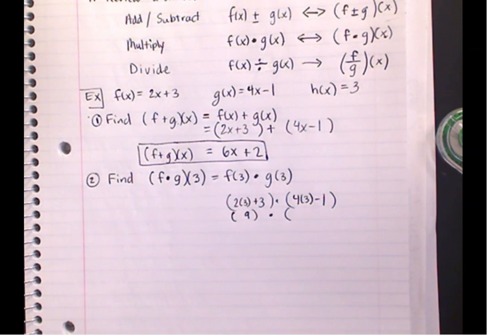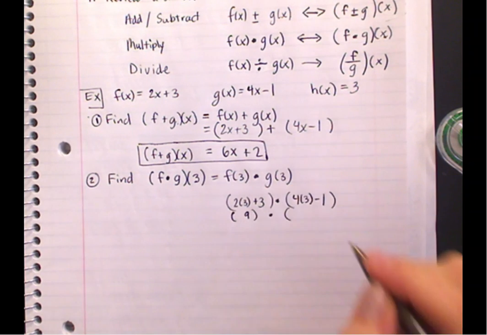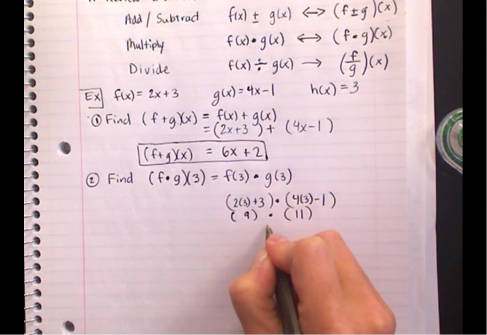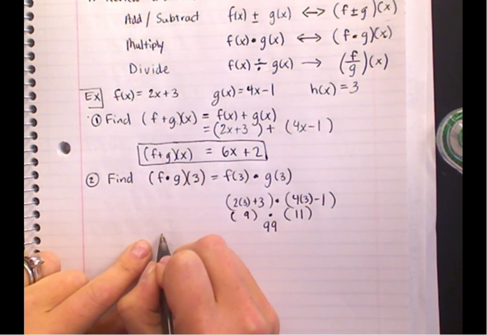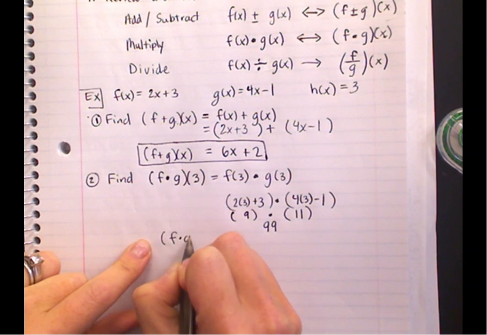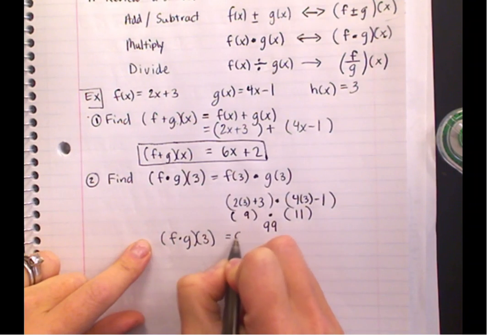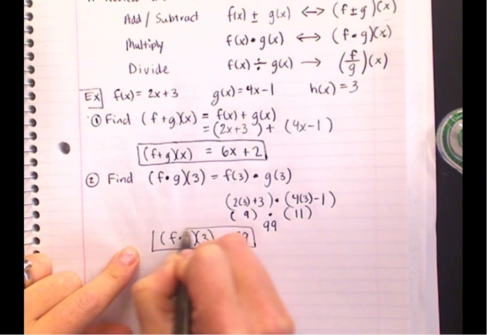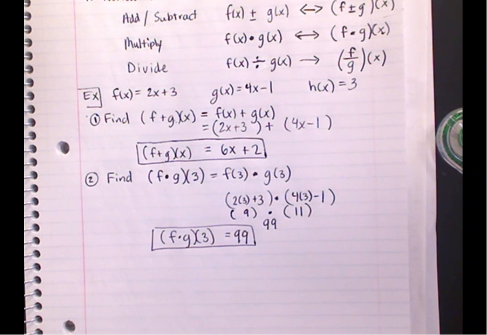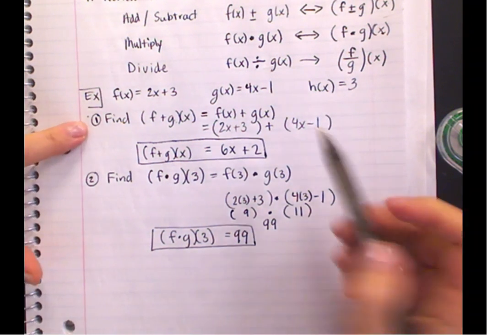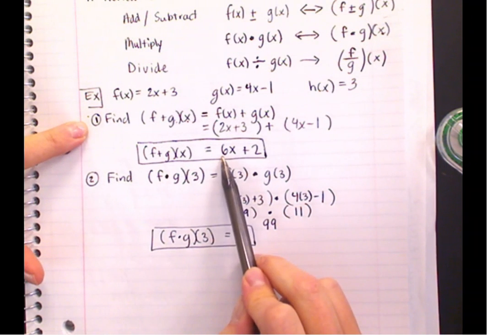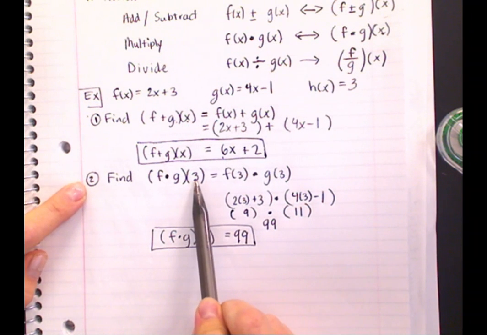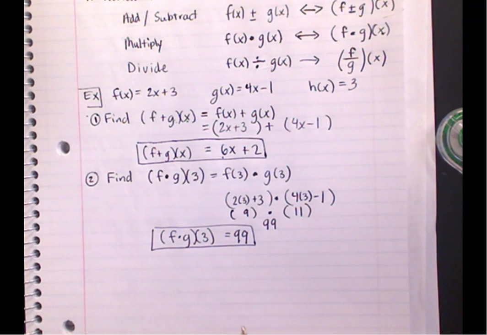You don't really need that multiply in between the parentheses, but I was trying to keep the same notation as the line before it, where you see that times there. So the final answer is, that's how you write it. Notice that in the first example, I had an x, so I have an x. In the second example, I had a number, so I have a number. It simplifies to a number.